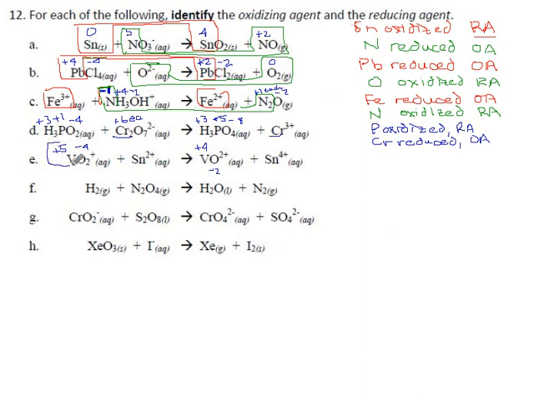Vanadium started at 5 and fell down to 4. So vanadium was reduced, which means it's our oxidizing agent. And the other thing that happened was tin went from 2 up to 4. Up from 2 to 4 means oxidized, and if you got oxidized, you reduced the other guy.